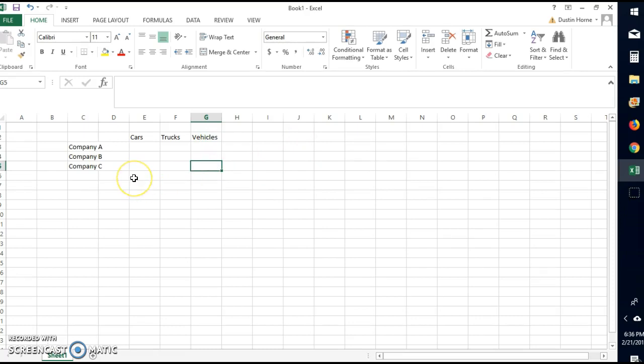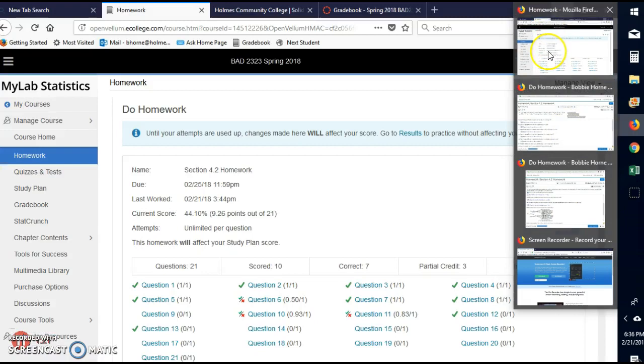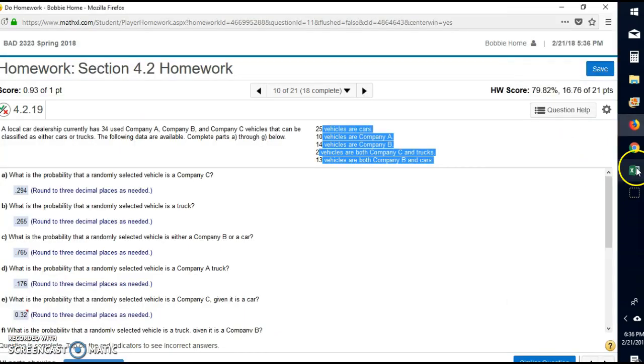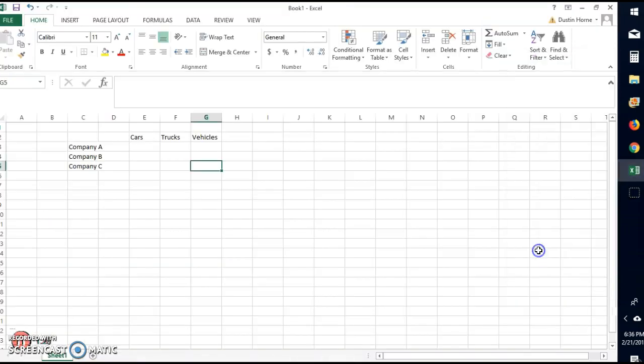So what we do know is from our information we can fill this in. We have 25 vehicles that are cars. So from our list here, we know that this will total up to be 25.